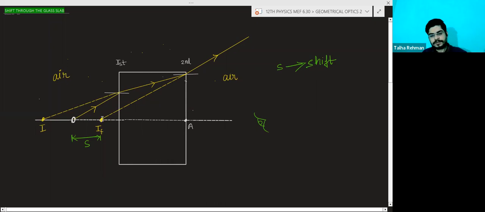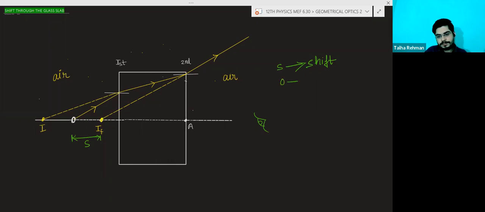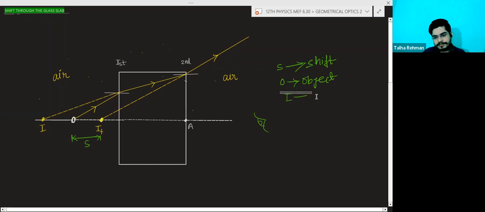This is the shift. O is the object, and I is the image. We should write IF, where IF means the final image.